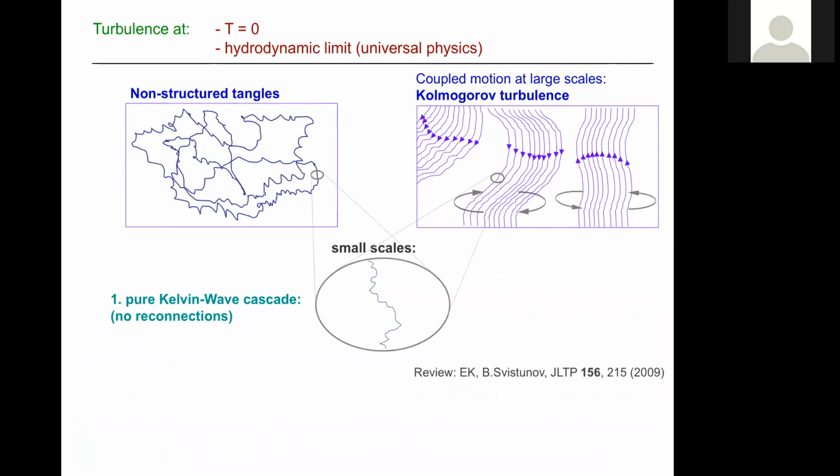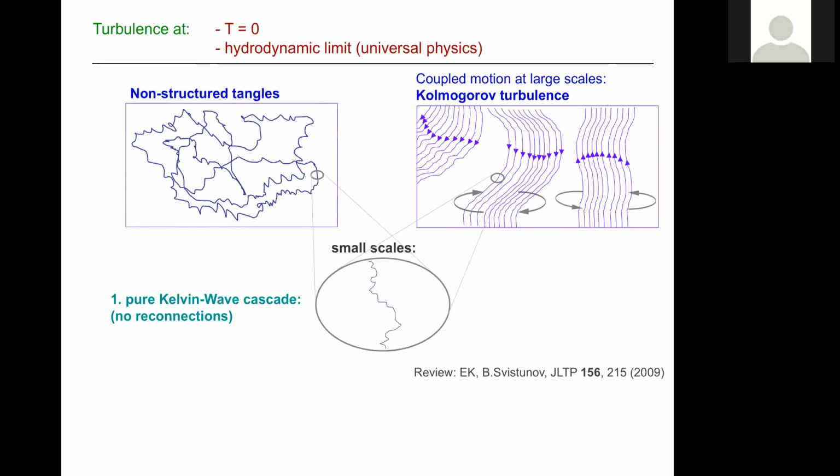So I'd like to focus mainly on two interesting regimes. First of all, in both of these pictures, when you zoom in sufficiently to length scales where you can distinguish individual vortex lines, you'll realize that the energy has to be transferred by waves on vortex lines, the so-called Kelvin waves, down to shorter length scales. So this is the universal part of the decay scenario in both non-structured and quasi-classical tangles.